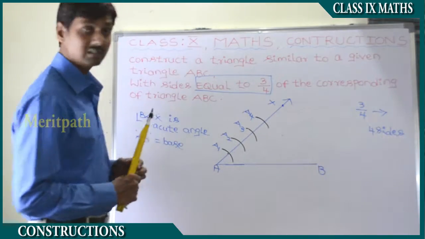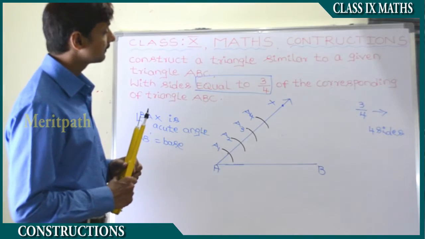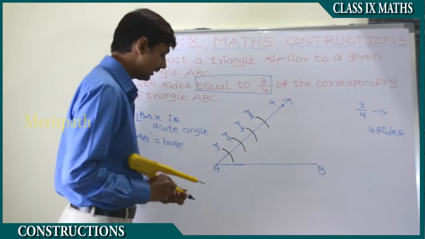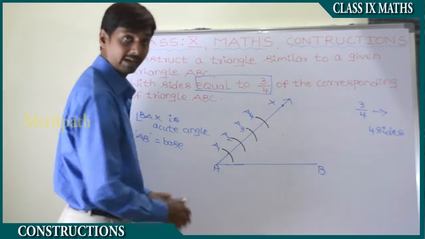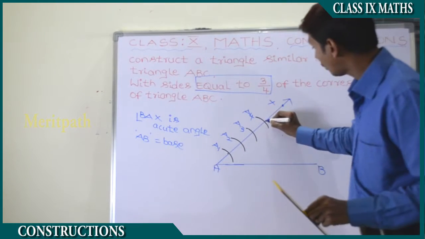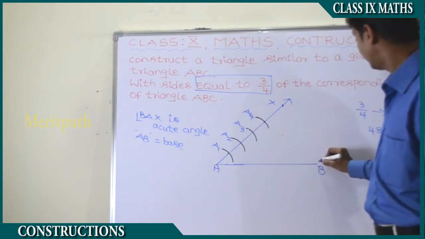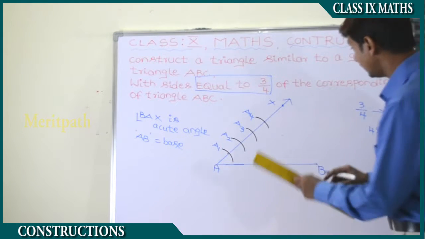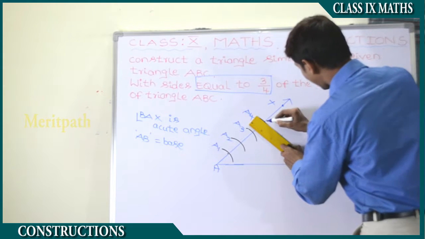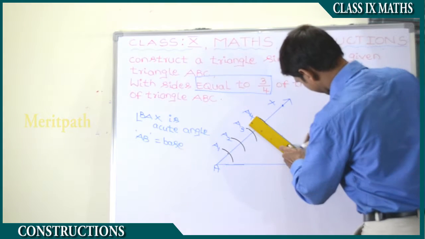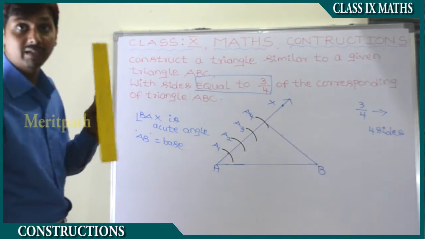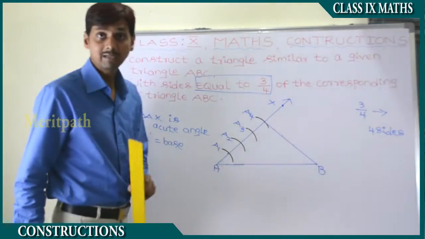So let's take these 4 parts and join with B. Let's join A4 and B. A4 is the point here and we are joining it with B. So A4B is joined together, the line segment.